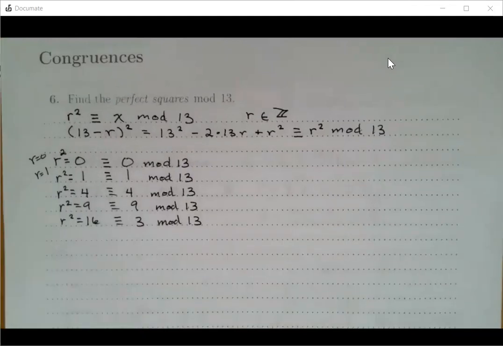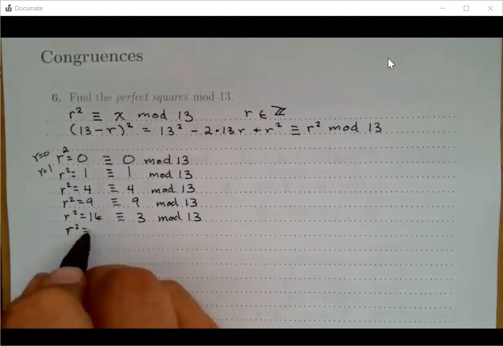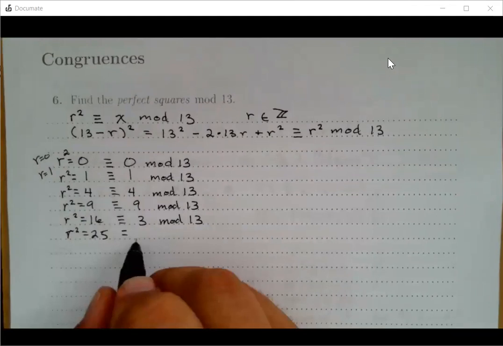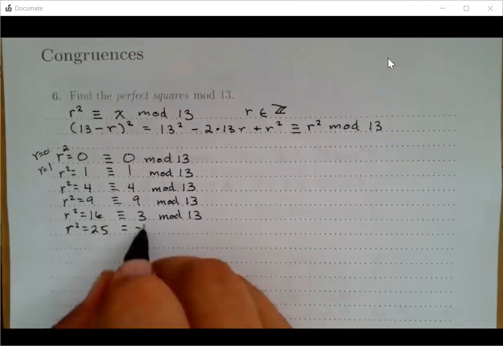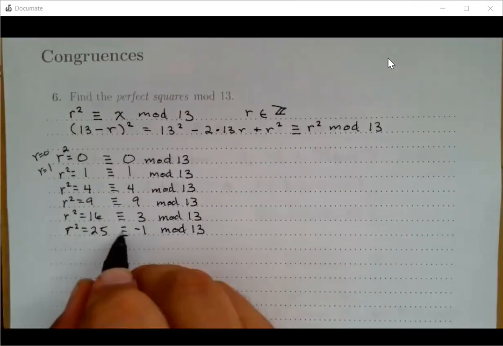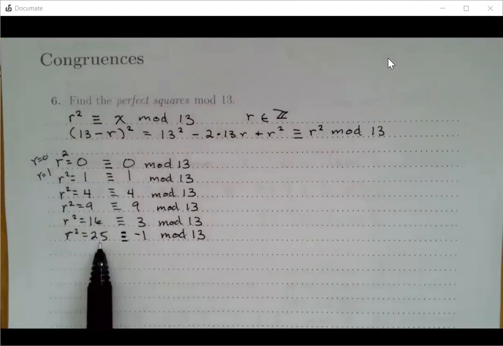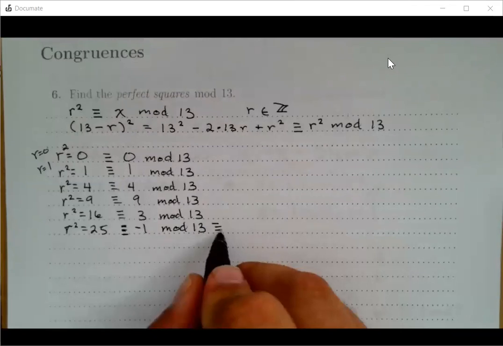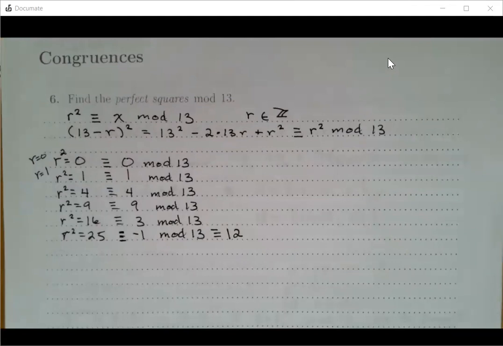If r squared is 25, that's equivalent to -1 mod 13, because 25 is 1 less than 26. If I wanted to work with non-negative values, that would be 12.